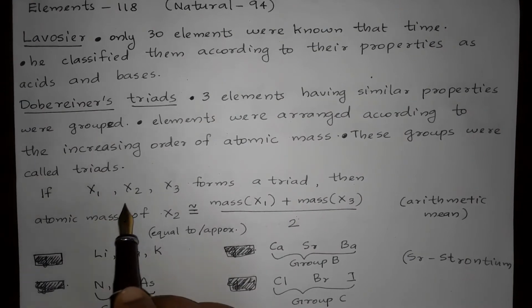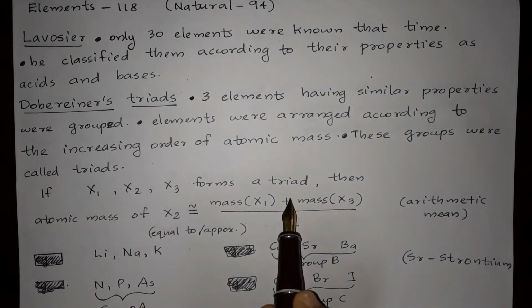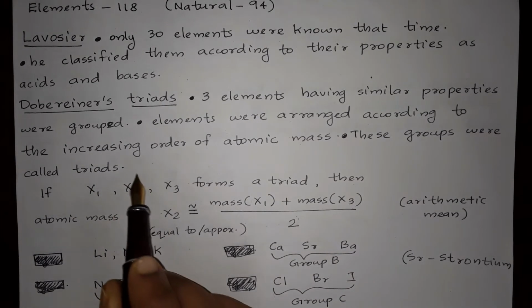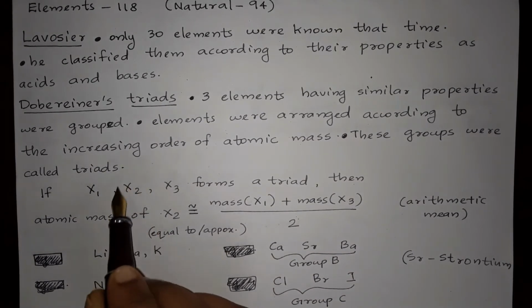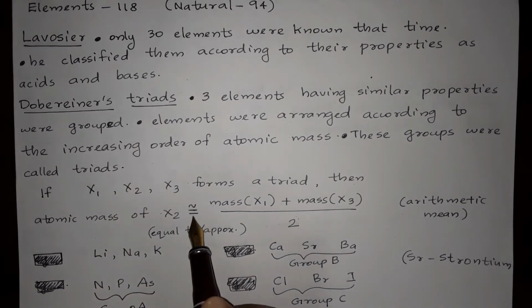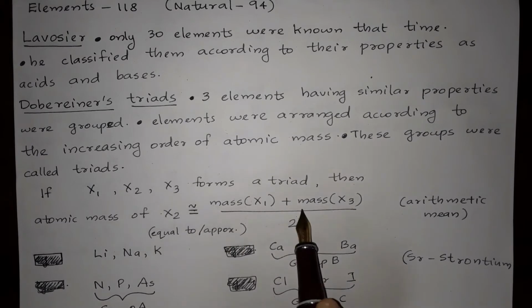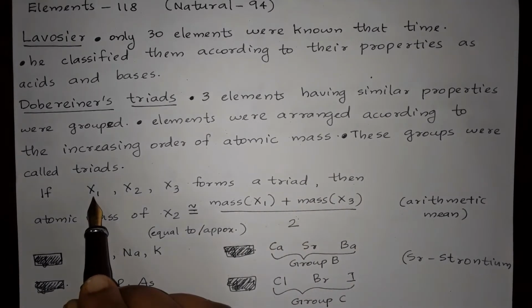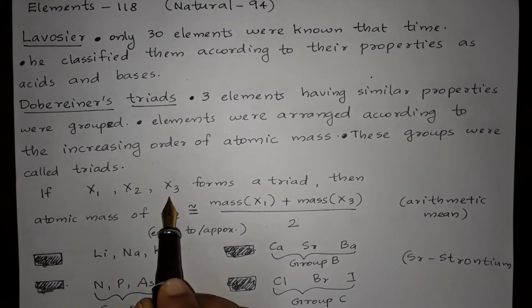Suppose x1, x2, x3 forms a triad, then the atomic mass of the middle one, x2, is equal to or approximately equal to the arithmetic mean of the atomic masses of the first one and the third one.